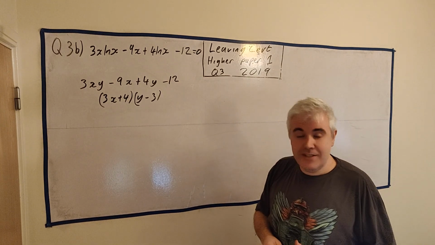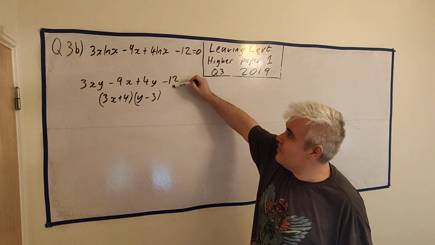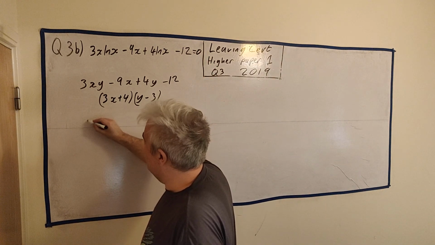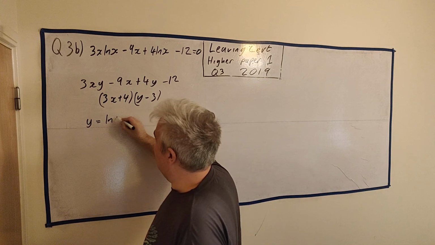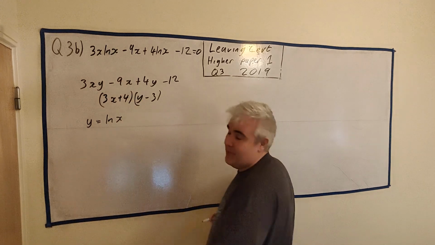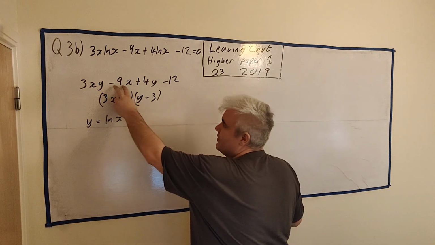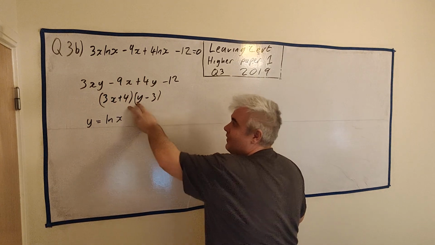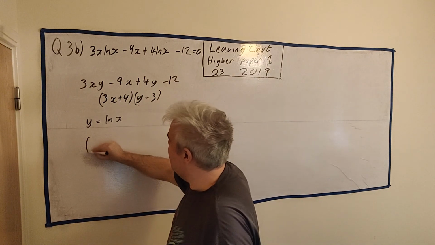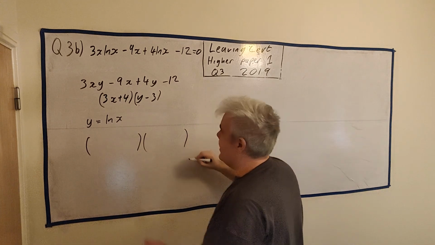And now the reason they hint that is because this is very similar to this. The only difference between these two lines is y is equal to natural log x. If I replace y with natural log x, they'll be the same. So if this line is the same as this, its factorisation should be the same. So to go ahead and factorise this would be the same as this answer.